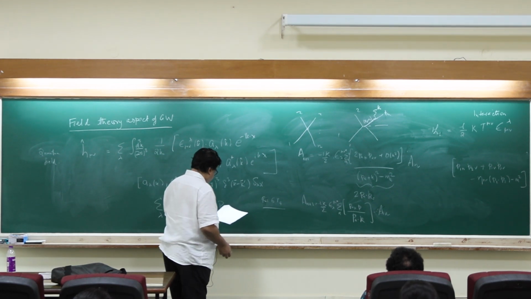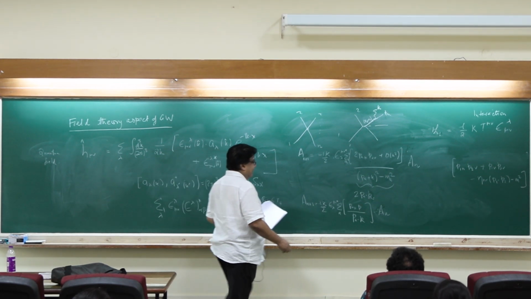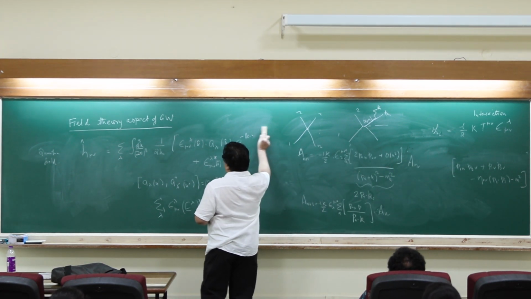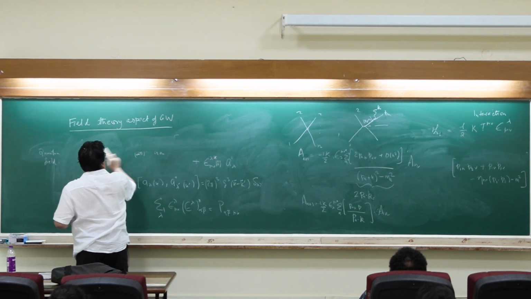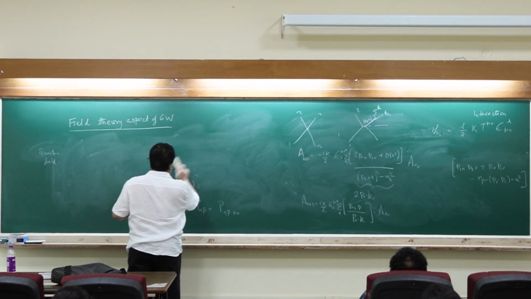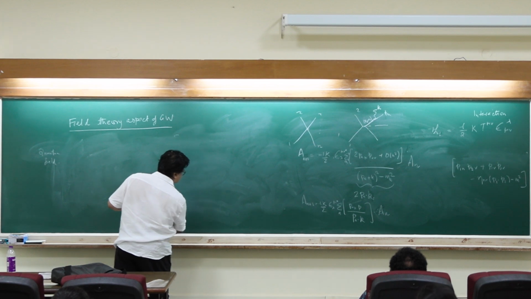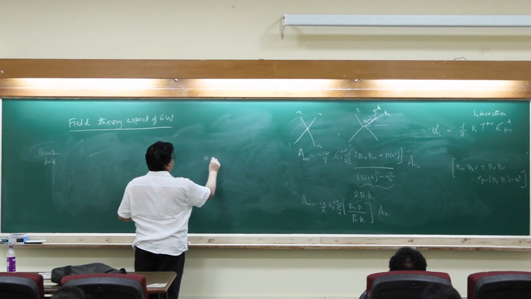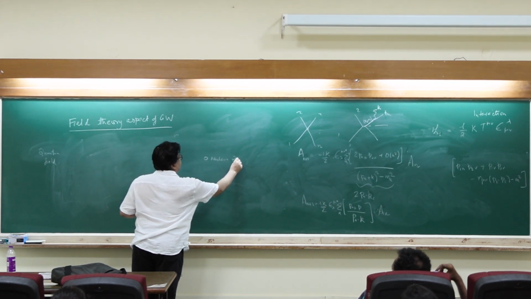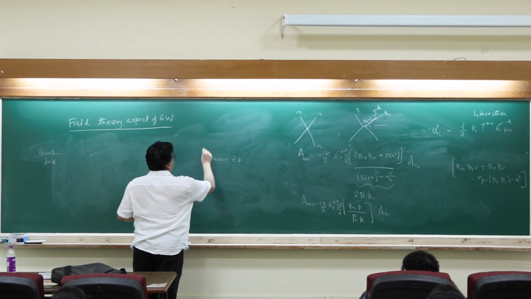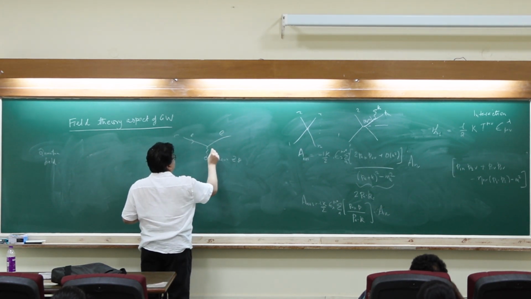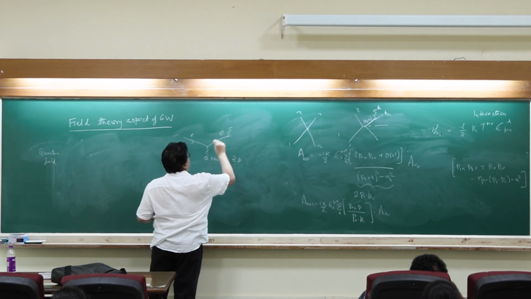This kind of thing you have seen before in practice, for instance, let's say you have a nucleus with Z protons, and you have low energy electron scattering from this, and there is a bremsstrahlung.